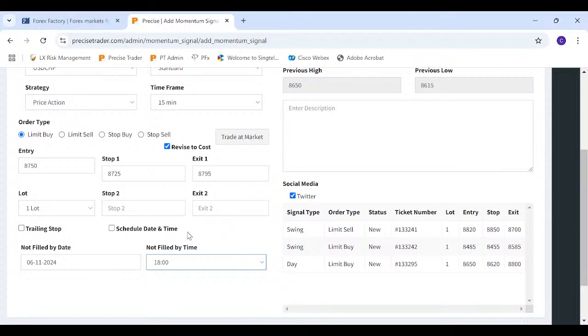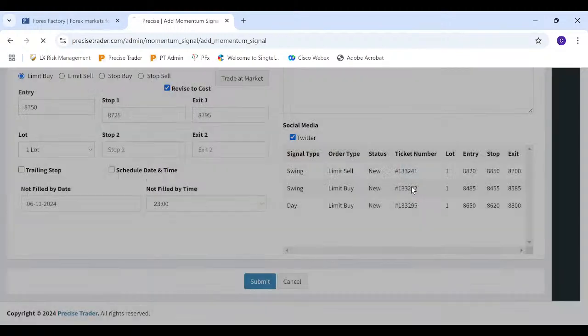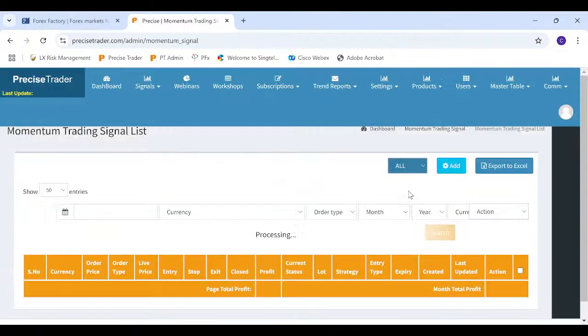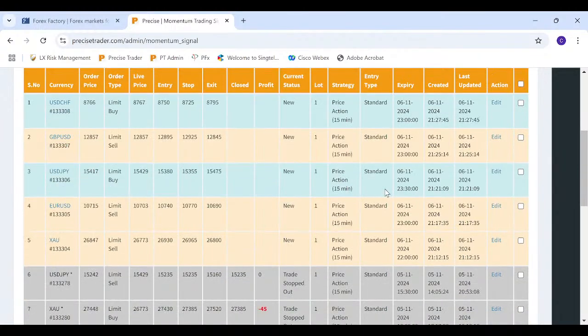So here again, this one we will put as 1.5 hours because this is only about a 15 pips move we are trying. So these are the 5 trades we plan to take.